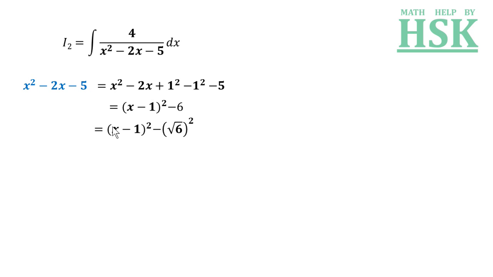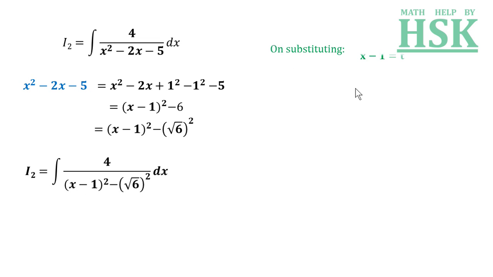This value I'm going to substitute for x square minus 2x minus 5. This will give me I2 as equal to integral of 4 upon x minus 1 whole square minus root 6 whole square. Now to solve further, I'm going to substitute x minus 1 as equal to t.